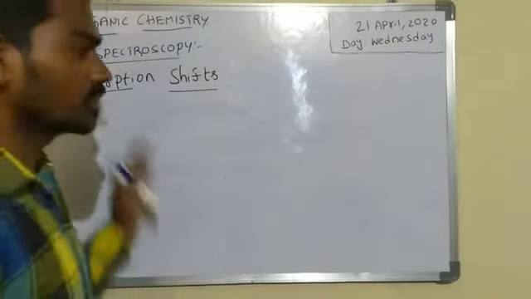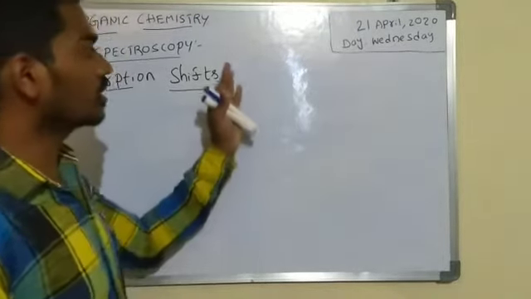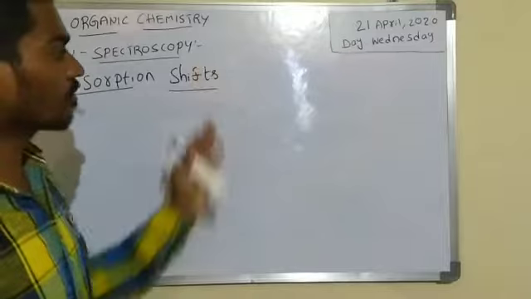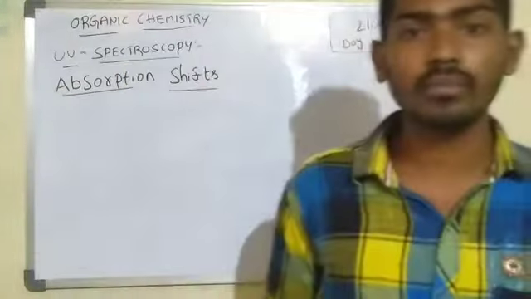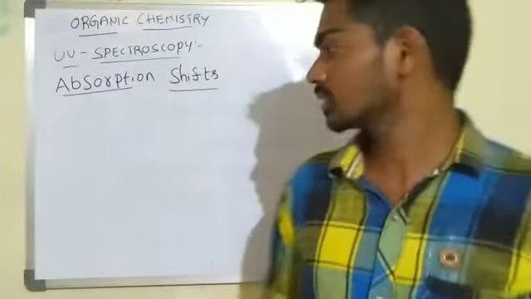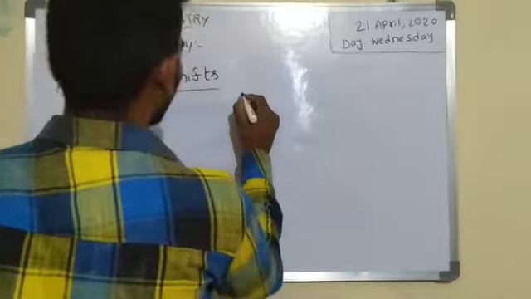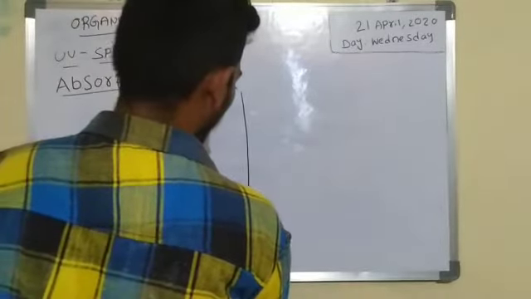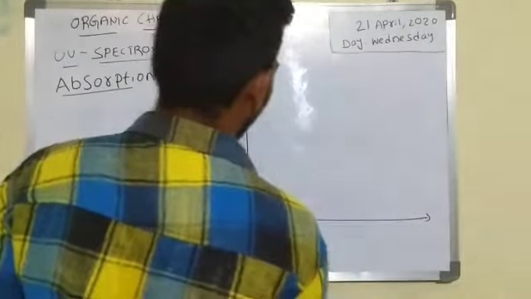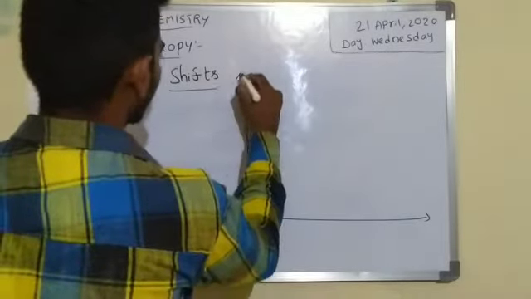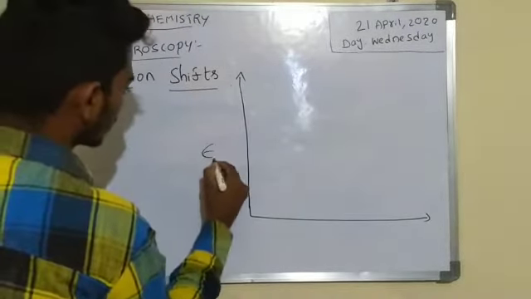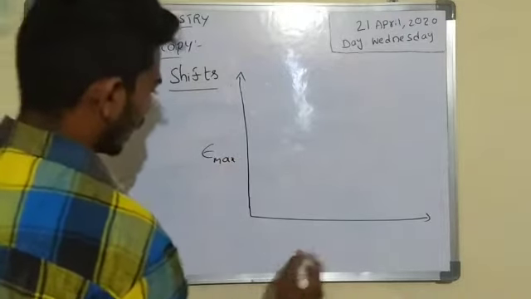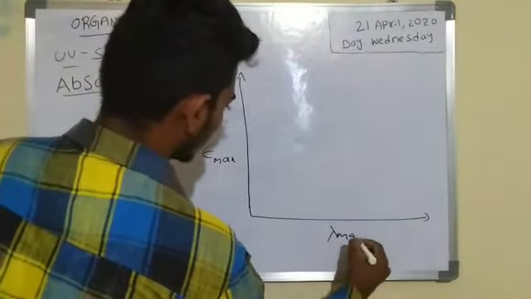Now, these four shifts can be shown in a graph between the intensity of absorption maximum and lambda maximum. I draw a graph between the intensity of absorption maximum and lambda maximum.